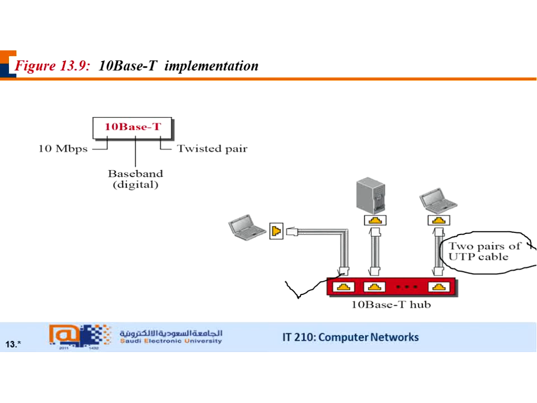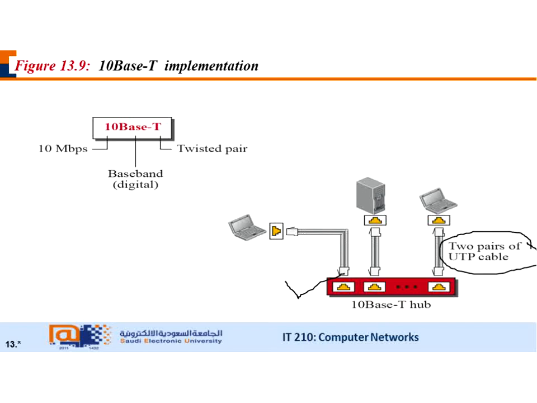Here the two pairs of twisted cable create two paths, one for sending and one for receiving, between the station and the hub. So any collision which happens here is in the hub.